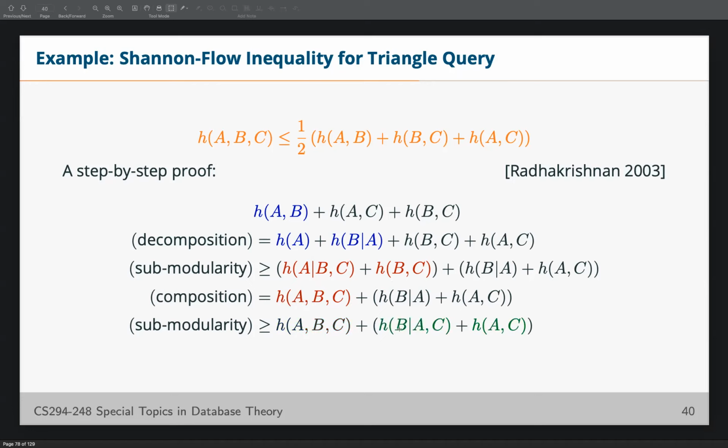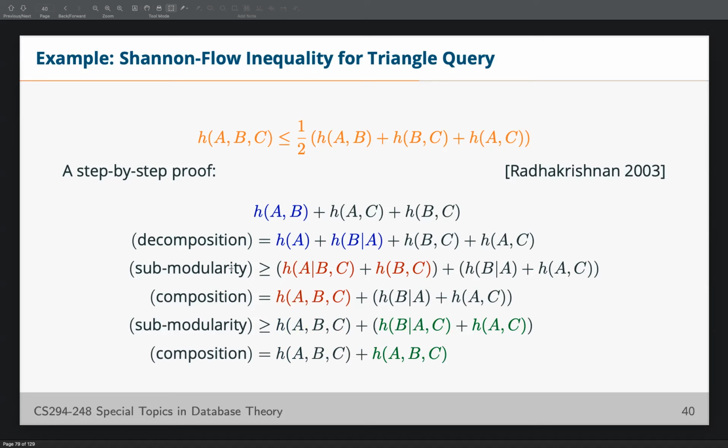Now we have H of B given AC, because we are conditioning on more, so it goes down again. Now compose them, and we get H of ABC. So that's a proof of this Shannon flow inequality. Obviously, it holds for every H for which submodularity holds.